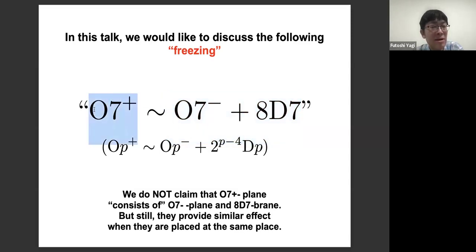This side is SP(N), and this side is SO(2N) plus 8. I think this is the typical global symmetry. Starting from this, we have SP(N) plus SO(2N) plus 16 global symmetry. And if we freeze 8 degrees of freedom, it reduces to SP(N). I think I'm thinking of something like that.